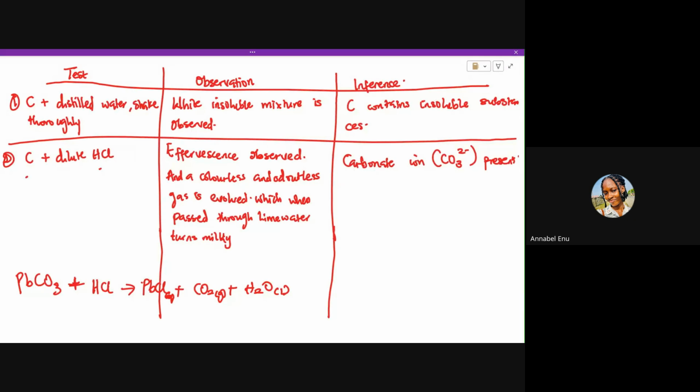And also CO2 is the gas that is evolved. And then our starch is still there, insoluble.